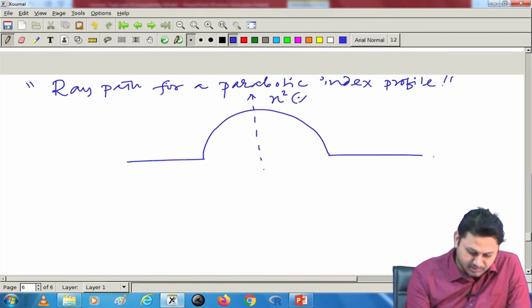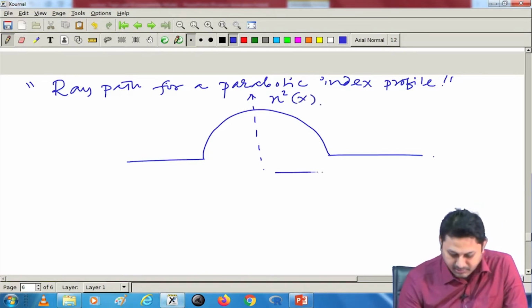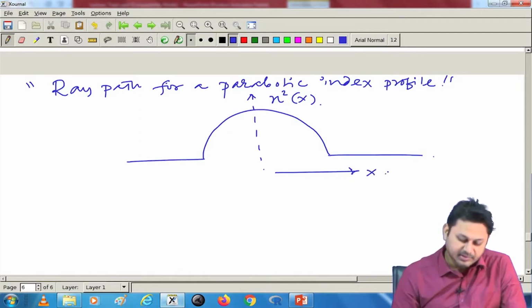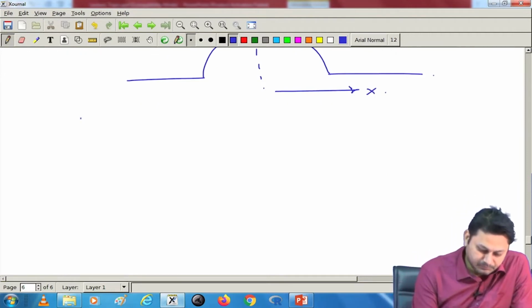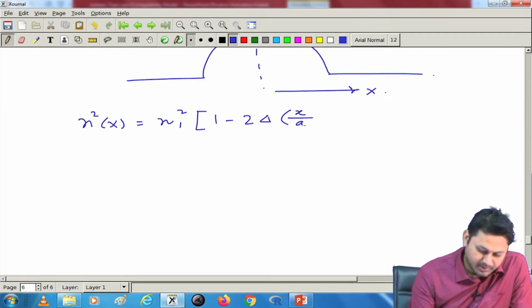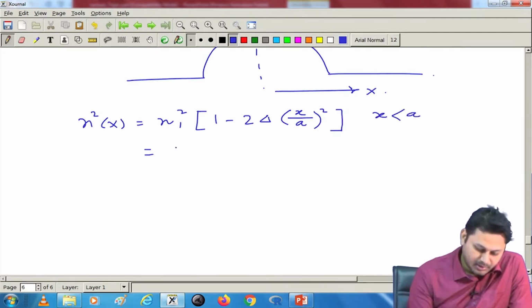Along this direction it is, suppose, n square x, this is the direction of x, and mathematically it was n square x is equal to n1 square times 1 minus 2 delta x divided by a, whole square, for this region, and equal to n2 square for this region.